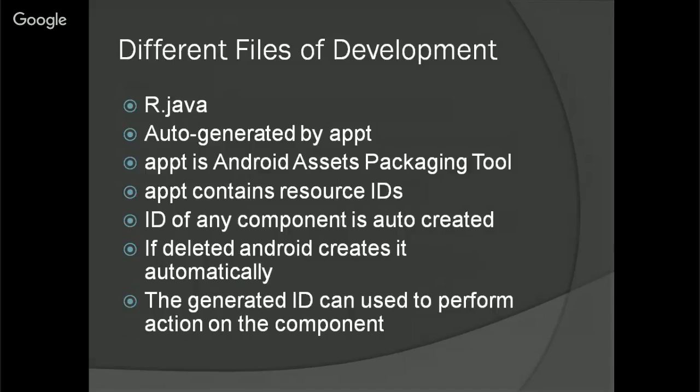The main aim of the APPT is to generate ID for different components, which will be developed during the development of the Android application or the project. Whenever you make change to any kind of user interface or designs that you make, then the ID will be generated automatically. And these automatically generated IDs are actually generated by the APPT.